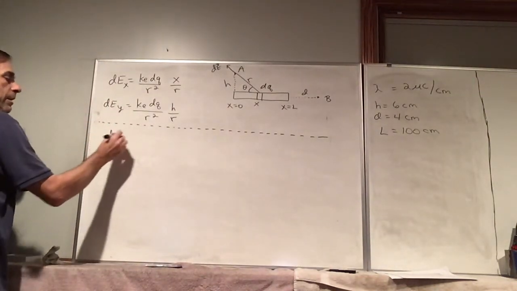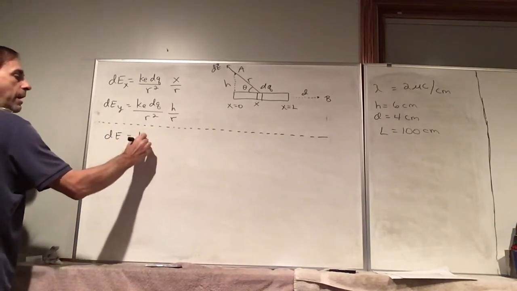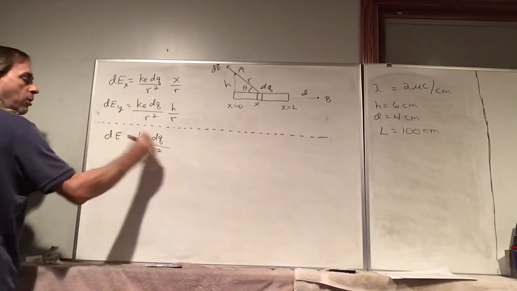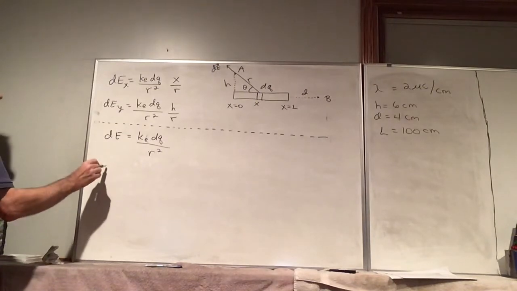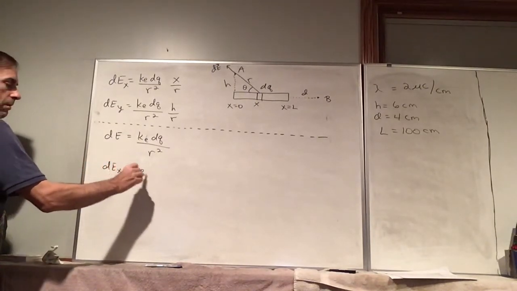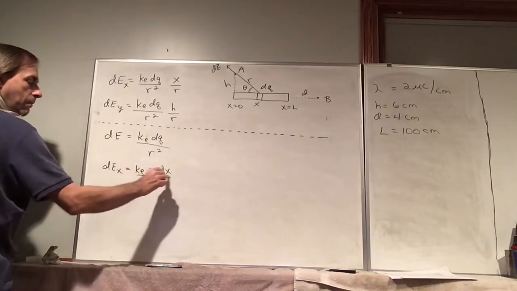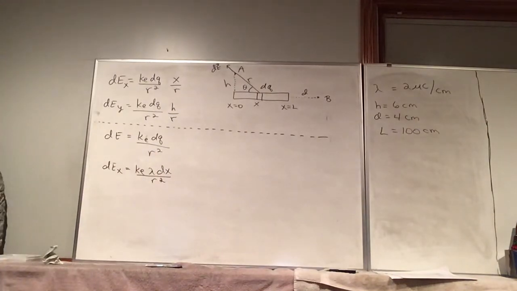Let's just work it out here and then erase it. So that would be k_e dq over r squared. And so then dE_x, now dq is lambda dx. So that's the magnitude of the electric field.